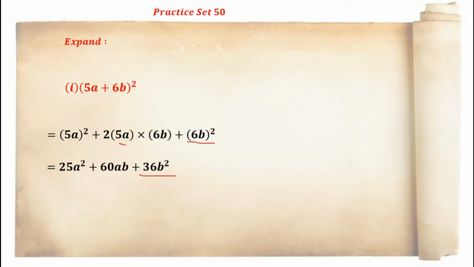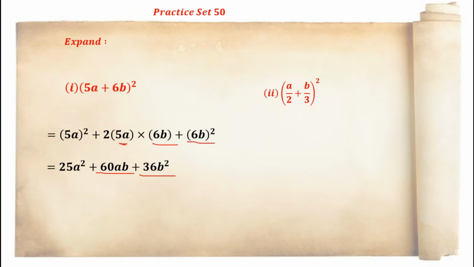So here you observe that 5a and 6b, 5 into 6 will be 30, and 30 is multiplied by 2 will be 60. So here you will see that 60ab is here. Okay, so like this you can do the question very easily.